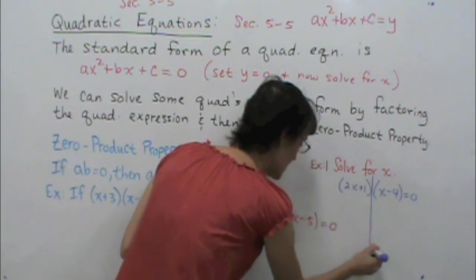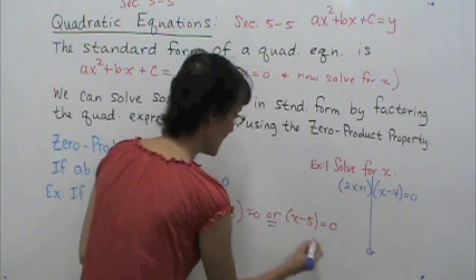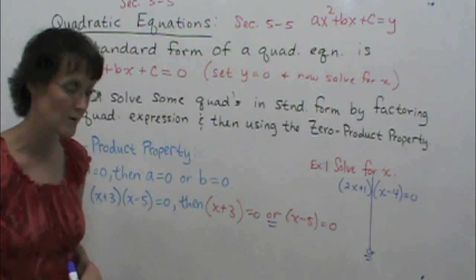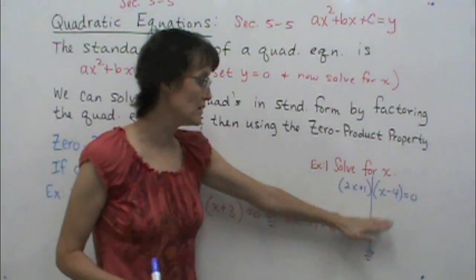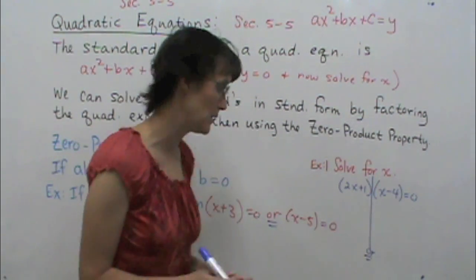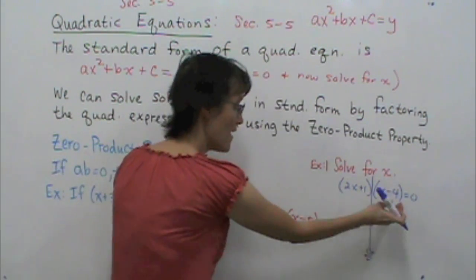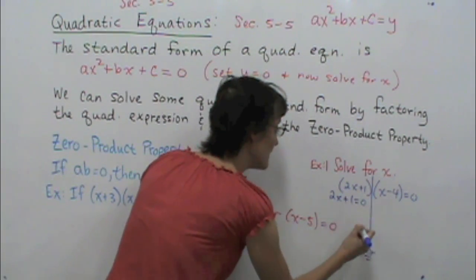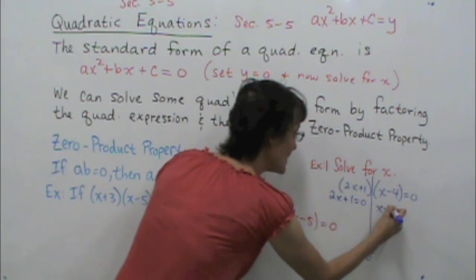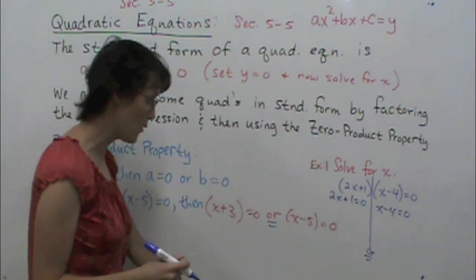I'm going to split this. This is my OR. So this OR and this OR, they're the same OR. Instead of writing it horizontally, I'm going to do it vertically for you. So you would set this piece equal to 0 or this piece equal to 0. So 2x plus 1 is equal to 0 or x minus 4 is equal to 0. And then you solve for x on those two little equations.